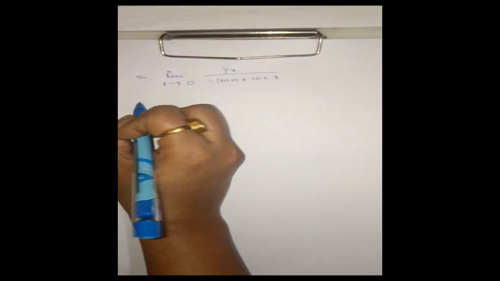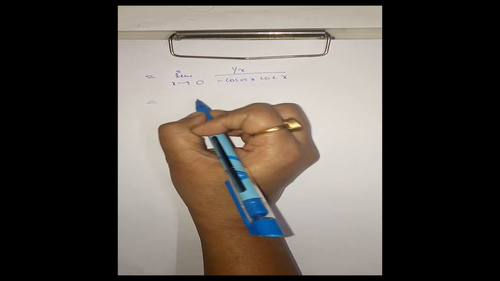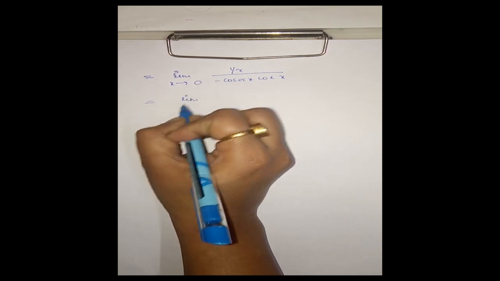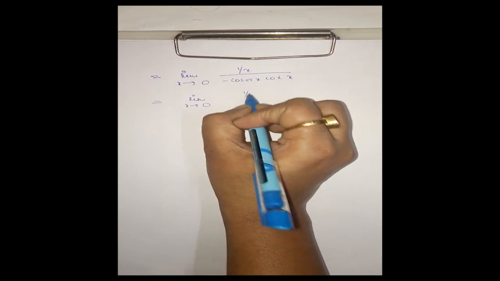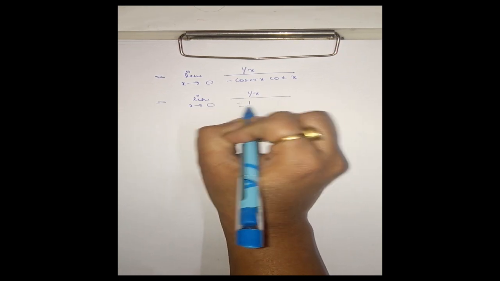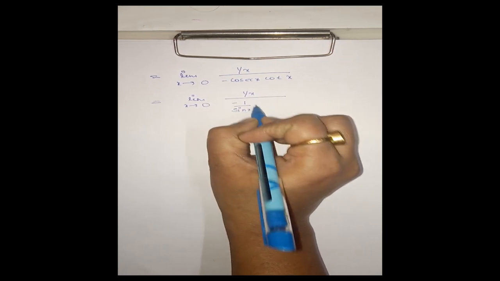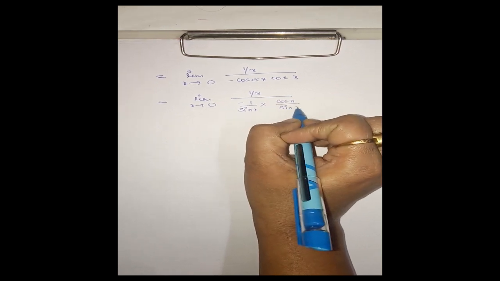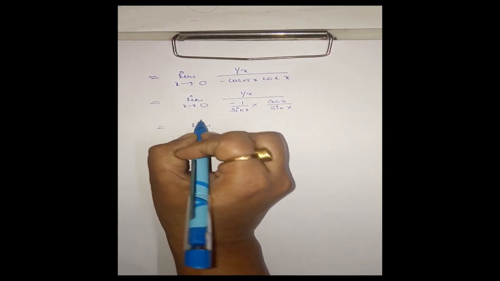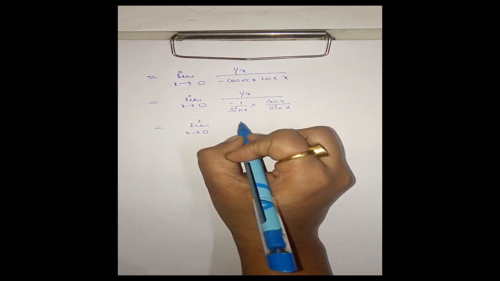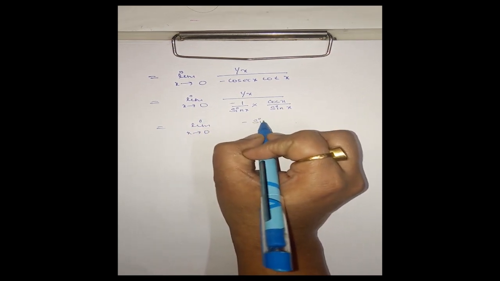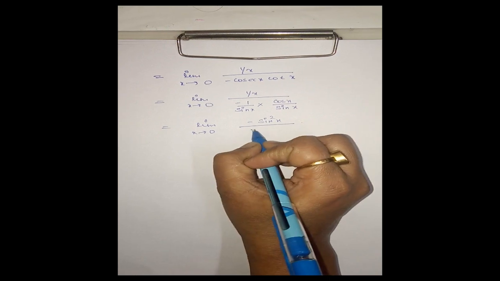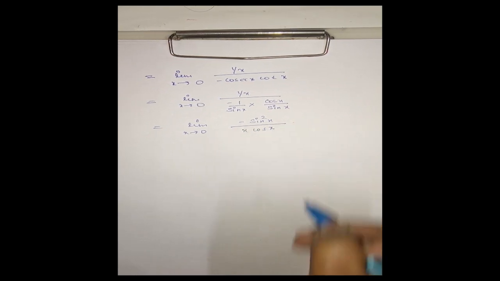Okay, now this is equal to limit x tending to 0, 1 by x, this is minus 1 upon sin x into cos x by sin x. Now this is same as limit x tending to 0, I can write this as minus sin square x divided by x cos x.